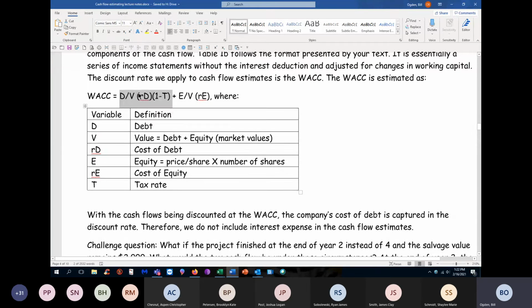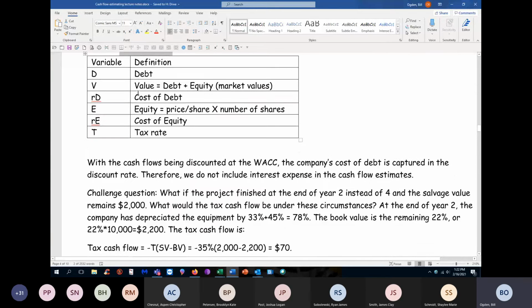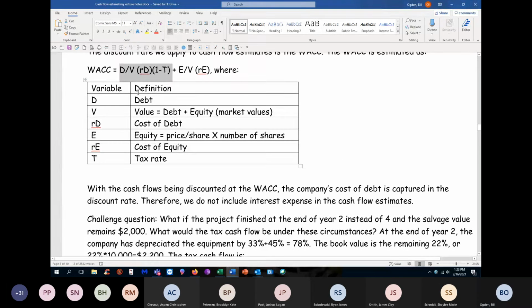Okay, now another question real quick. Okay, yeah, let's ask a question now. What if the project finished at the end of year 2 instead of year 4 and the salvage value remains 2,000? Let's go back to this one.